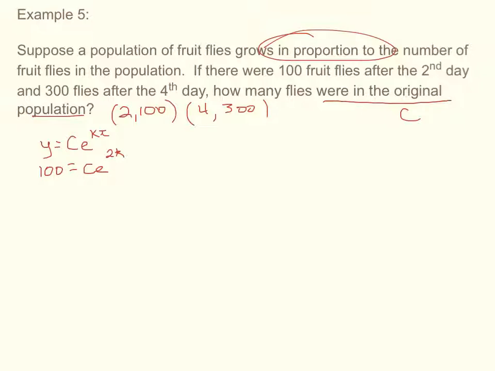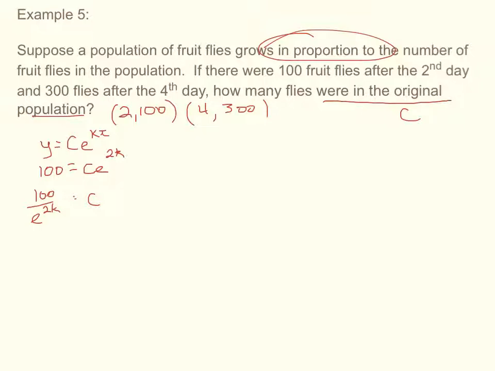Okay? And then one of the ways you can go about solving this is you can solve it for C. So C would be 100 over e to the 2K. And then I'm going to substitute that into the next equation using the second point.